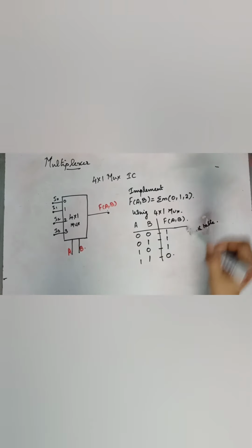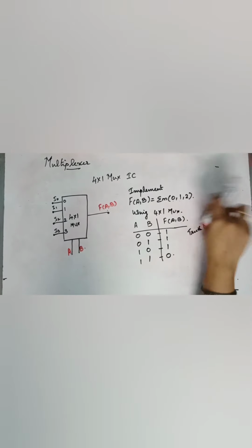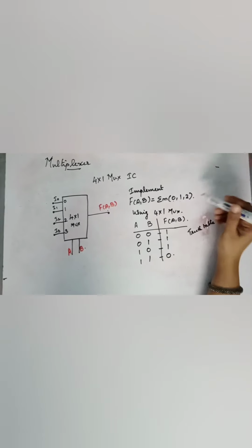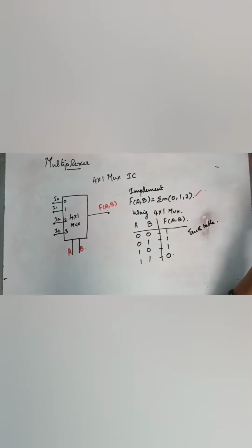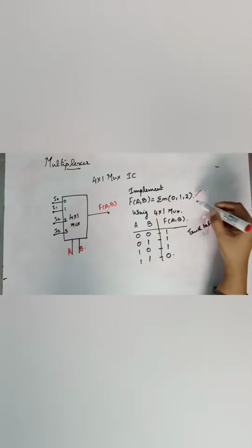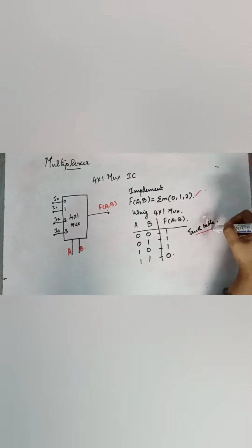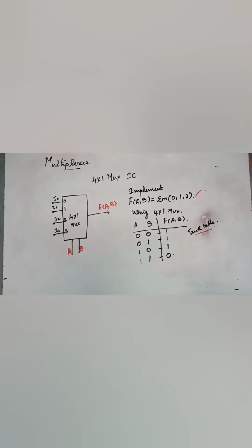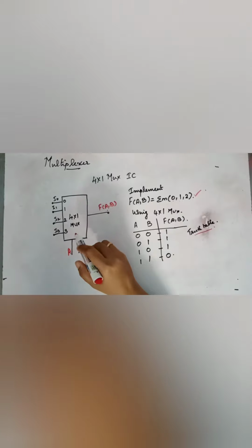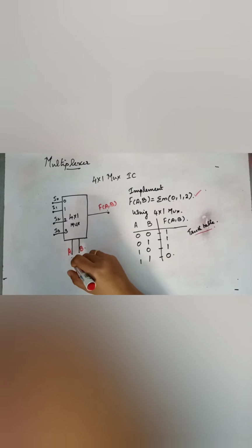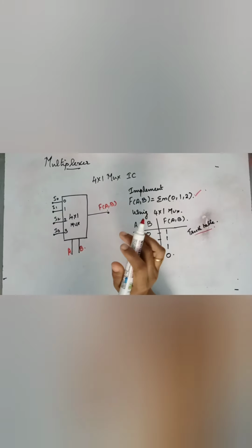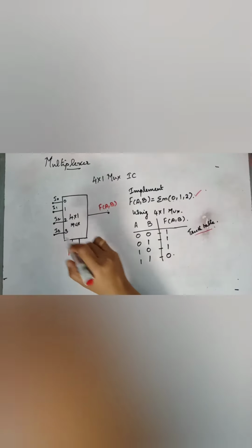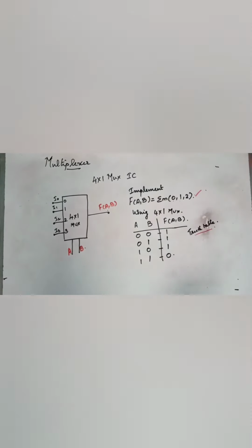That is what is meant by this particular canonical form, and we have represented it using the truth table, and that's what we want from the circuit. So when I give 0 0, my output is 1. So in the case of a mux, when I give 0 0, what happens? I0 is selected and I0 will appear at the output.